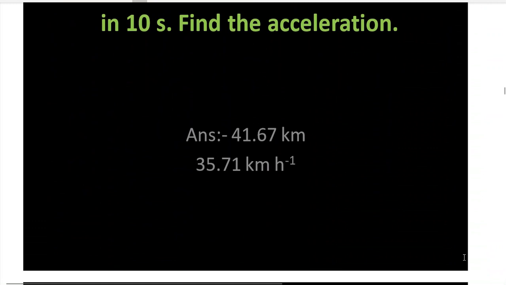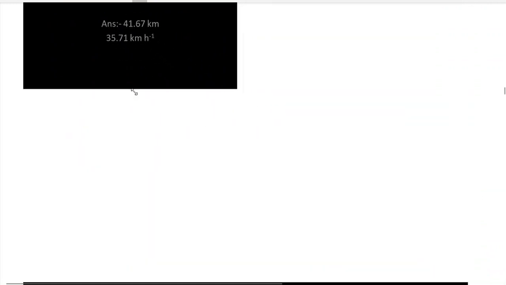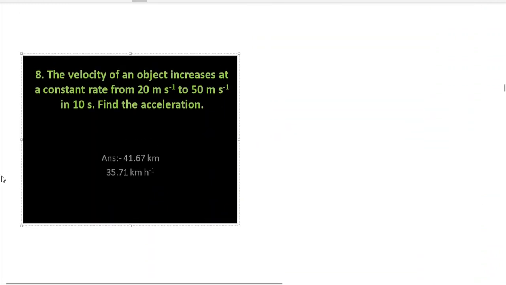Hey, the answer seems to be wrong here. The velocity of an object increases at a constant rate from 20 meter per second. Initial velocity is 20 meter per second, to 50 meter per second. Final velocity is 50 meter per second in 10 seconds. So time is 10 seconds.